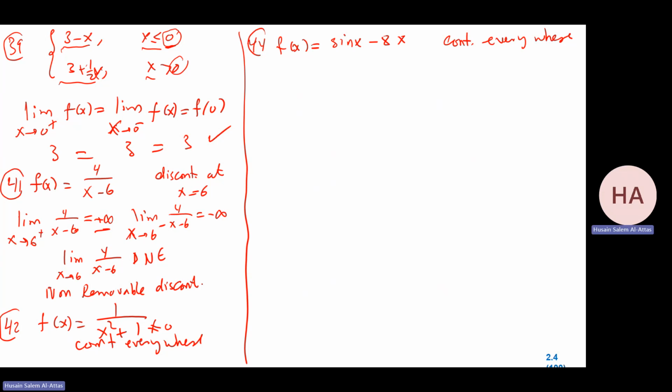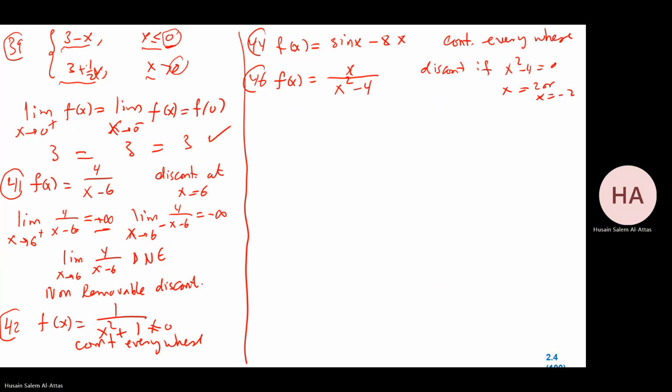46, f of x will be x over x squared minus 4, where the function is discontinuous if x squared minus 4 equals 0, which means x equals 2 or x equals minus 2.